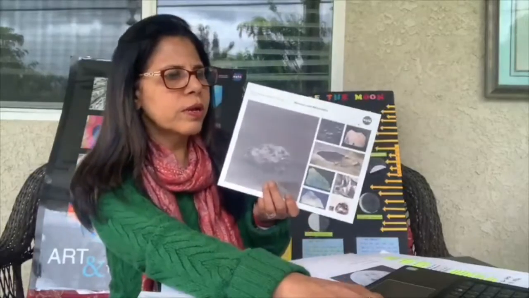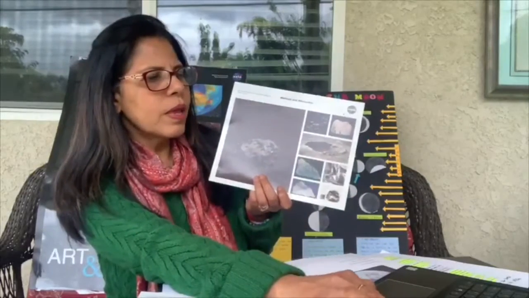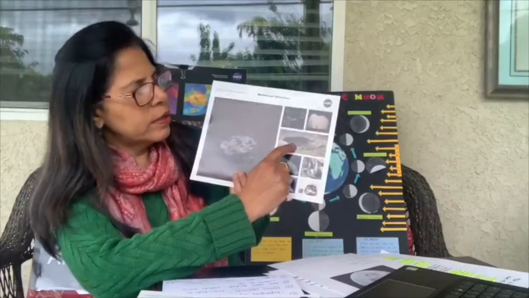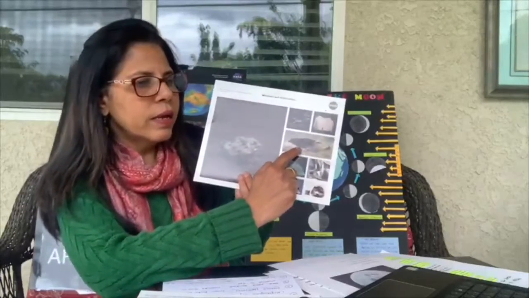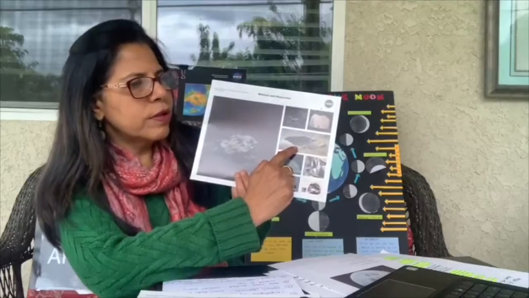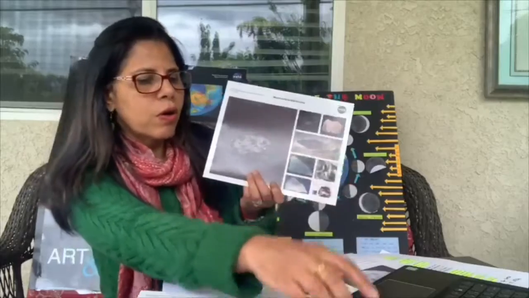So, Meteor Crater, see right there. This is an impact crater, formed when an object like an asteroid or meteorite crashes into the surface of a larger solid object like a planet or moon.